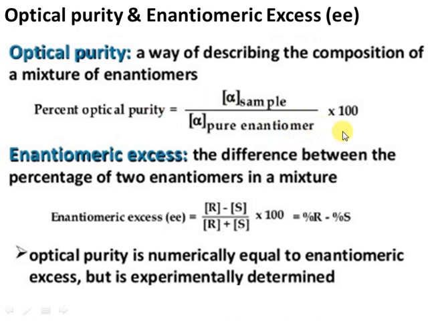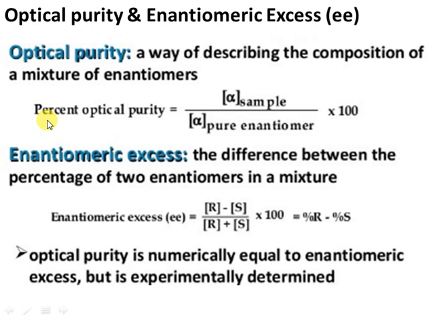For example, if you are considering the optical purity of a reaction mixture that has camphor, camphor in pure form has an optical rotation value. So you take the optical rotation value for the pure enantiomer, and you take the optical rotation value for the reaction mixture.